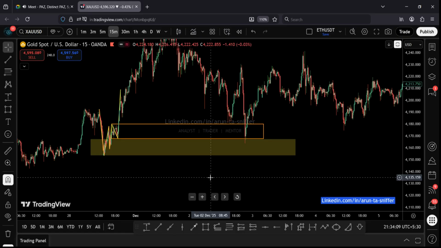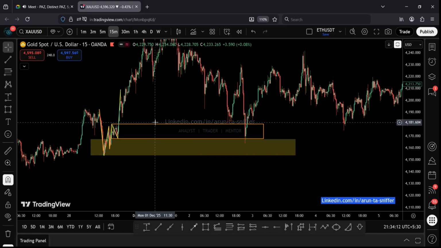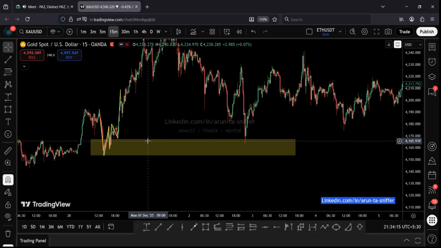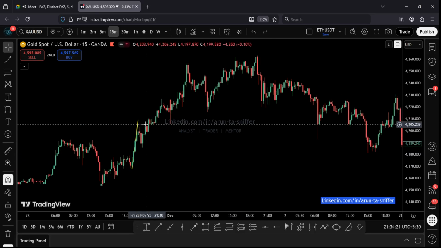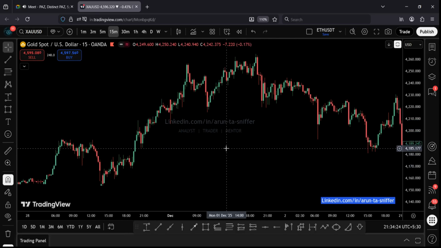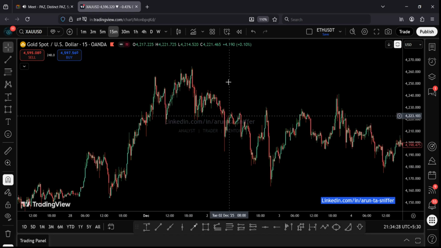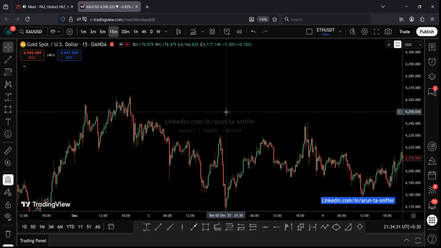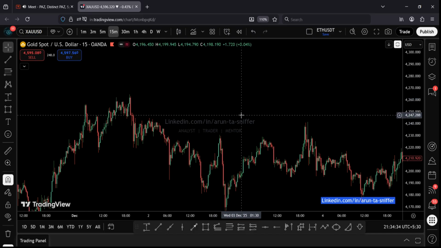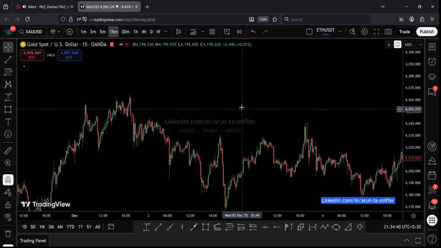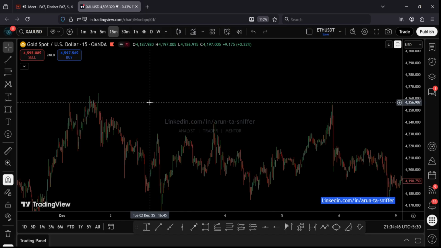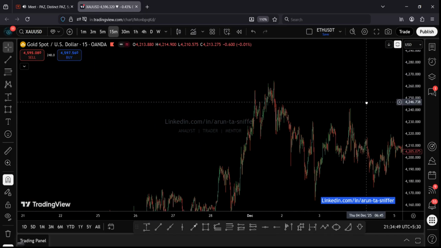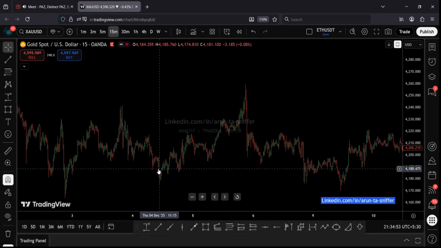So let's find some examples of symmetry and distinct price action zone. We have one here, but this is not so clear.